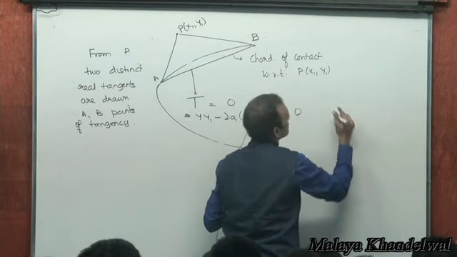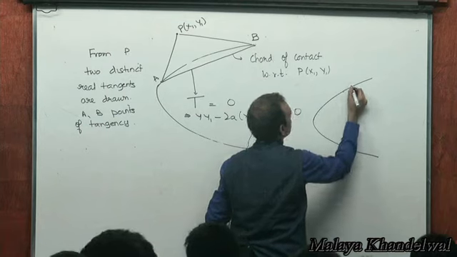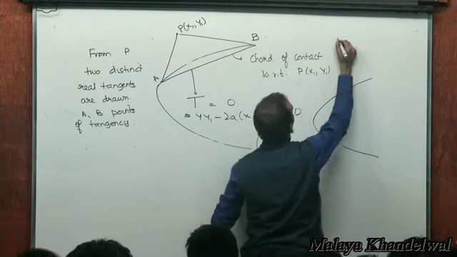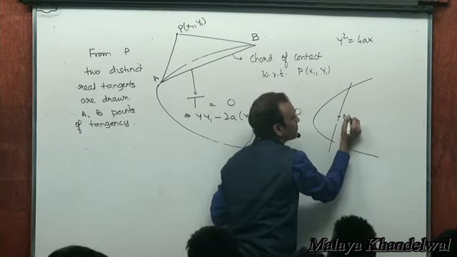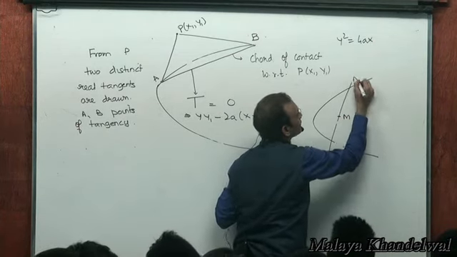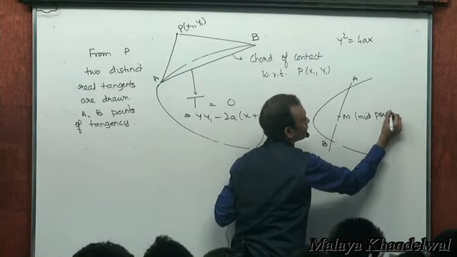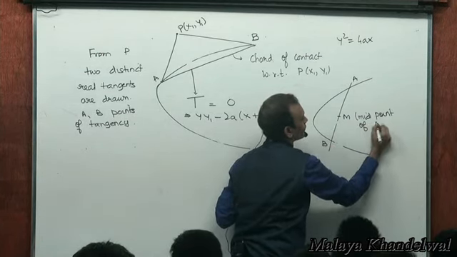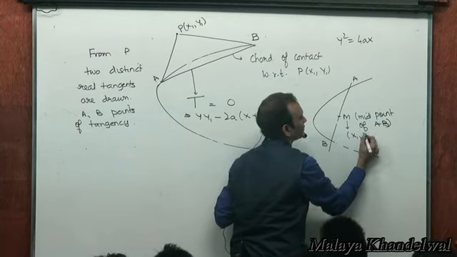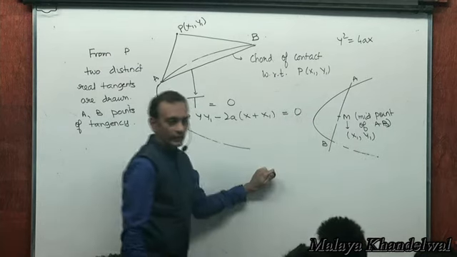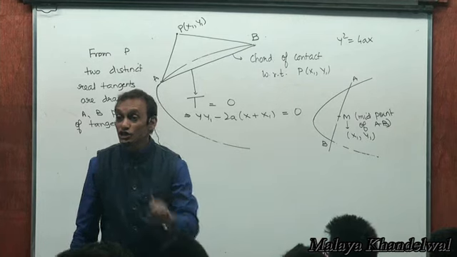And a similar result: if this is a parabola, y squared equal to 4ax, and if M is the midpoint of AB, having coordinates x1, y1, then the equation of the chord in terms of its midpoint was T equal to S1.